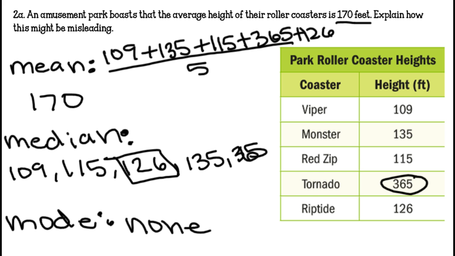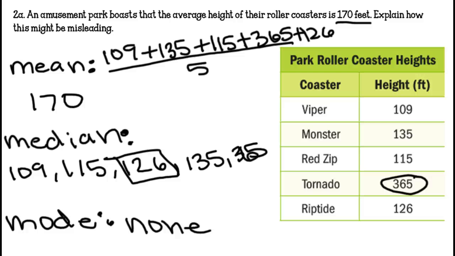So when comparing the median to the mean, I think that the median is a better option for being able to feel honest as you boast how big your roller coasters are. Because 126 is the median.